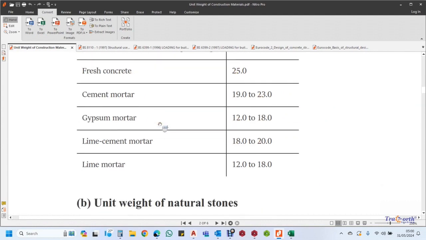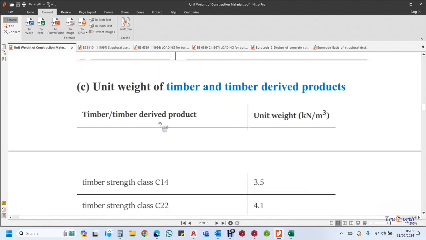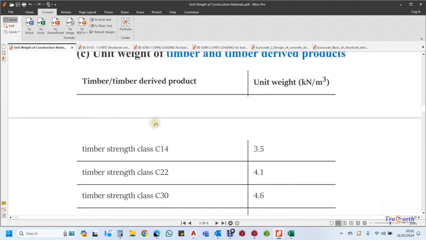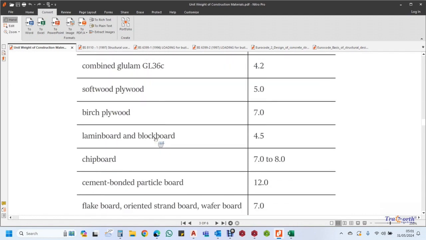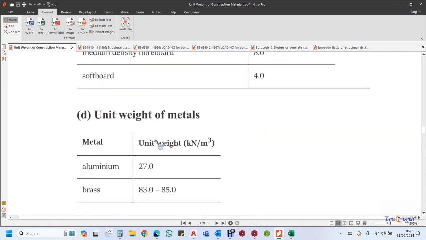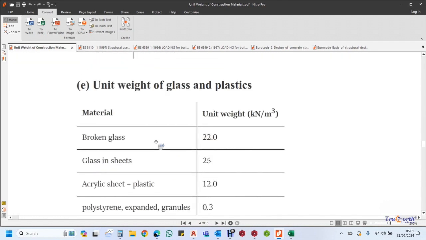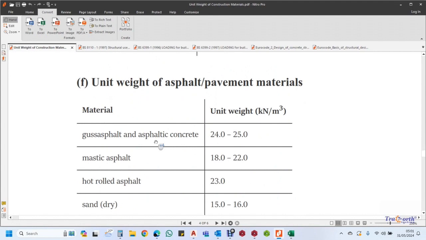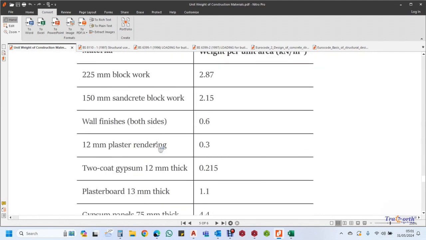So these are not things you pick from your head, even though with experience over time you might have some of these values. But you need to know what materials are going to be used, and then what the unit weights are, to enable you to calculate whatever you are going to be having.